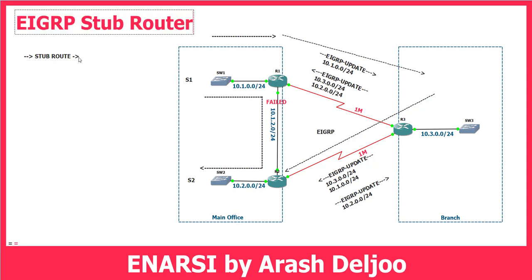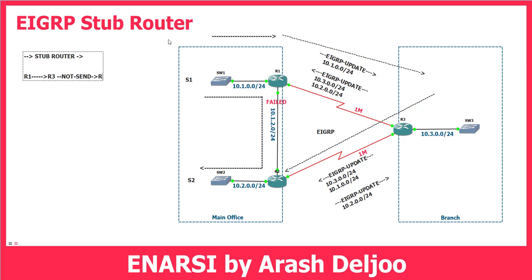An EIGRP stub router means we have a router that does not advertise the learned routes to other routers. For example, when R3 receives an update from R1, it shouldn't send this update to R2.